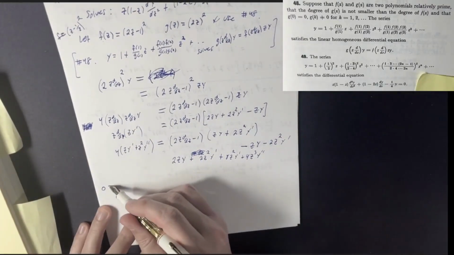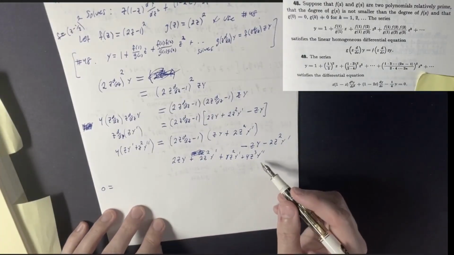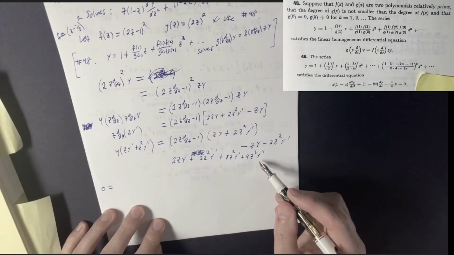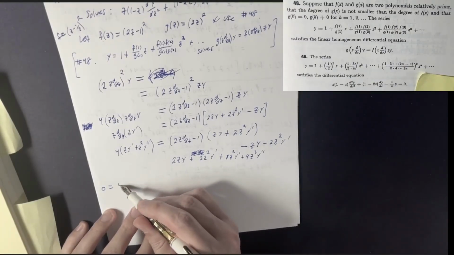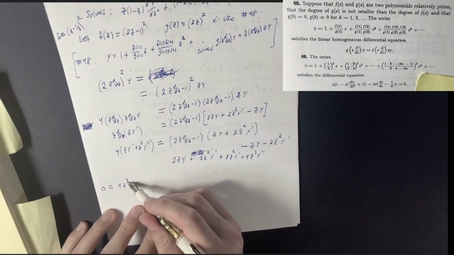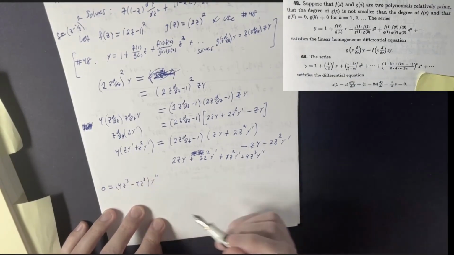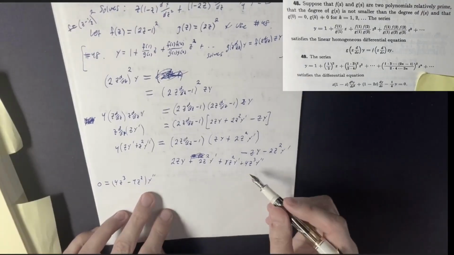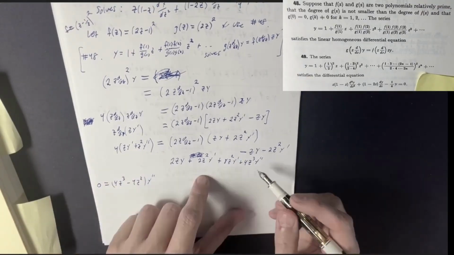In other words, 0 equals... I'm glad we have no triple derivatives. That would be bad. 4z cubed minus 4z squared. That's in front of the second derivative. And then there's a single derivative here, so -4z.